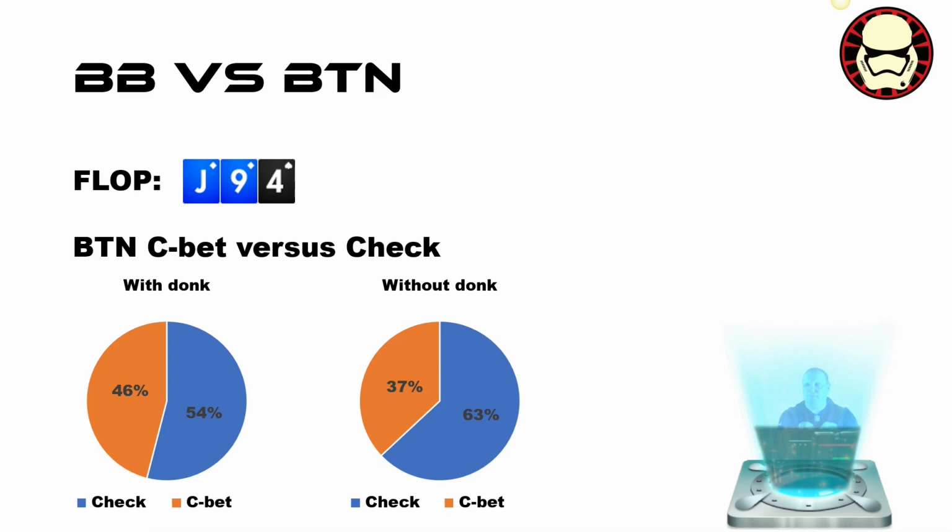But the bottom line of the video is to show that it's very complicated to get good donking and check raising ranges, because then you really need a solver, and then you need to do a lot of work to figure out what kind of sets the solver wants to donk on the flop, what kind of sets he wants to check raise on the flop.